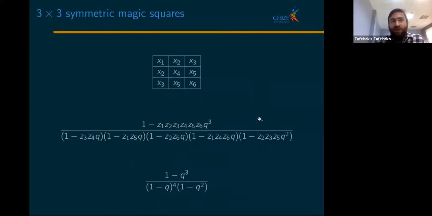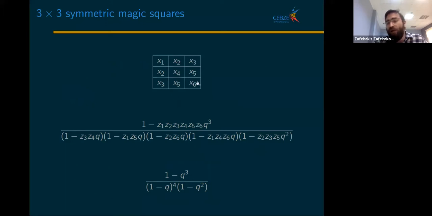Now, going back to the 3x3 symmetric magic squares, the generating function for the enumerating problem is this. Now, if we expand this as a series, in the exponents of the z variables, we will get 6 exponents, which correspond to the 6 values that make this into a magic square.